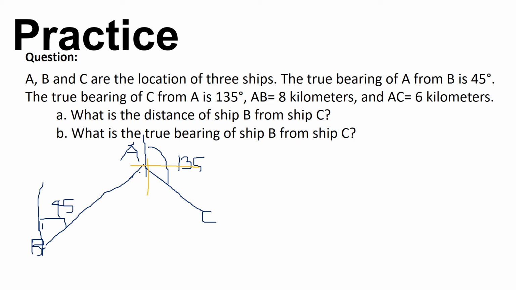So we can ascertain that using geometry, this is a 90-degree angle. So 135 minus 90, this angle is 45. We also know that this angle is 90. Then since this is 45, then 90 minus 45, this is also 45.